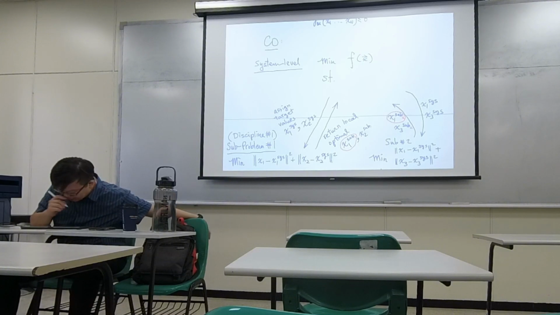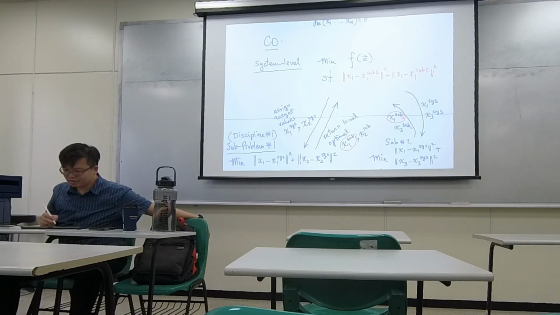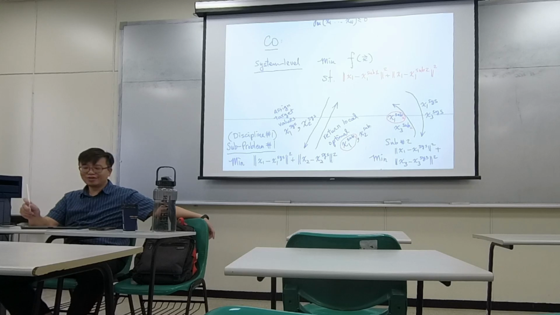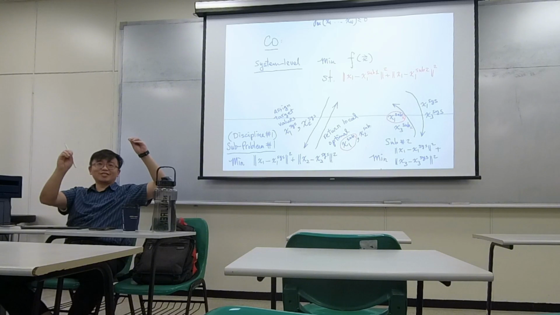So what they do is they will try to say x1 minus x1 sub 1, x1 minus x1 sub 2, they wish this equals 0, but it's impossible because the responses of sub 1 and sub 2 may be different. So there are two different points.